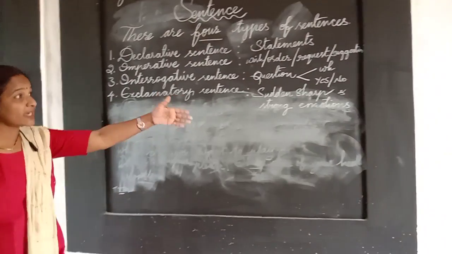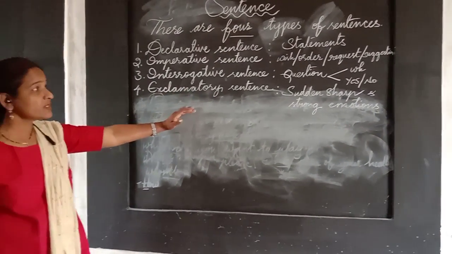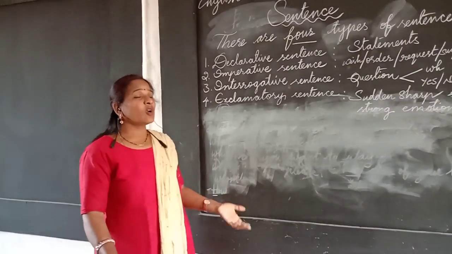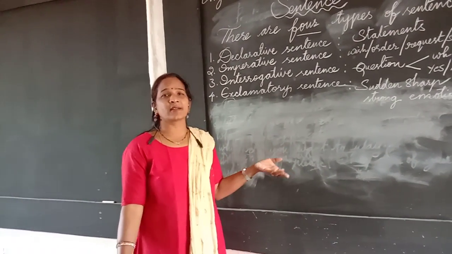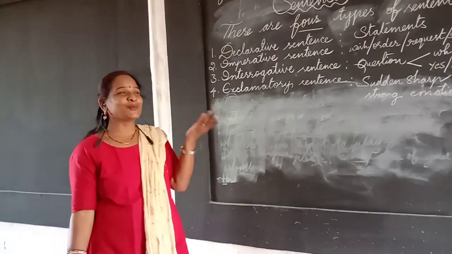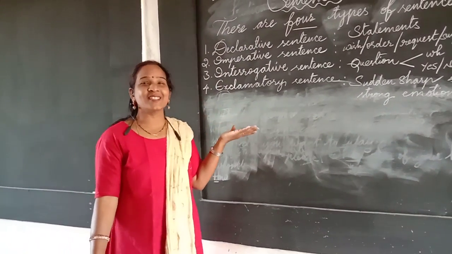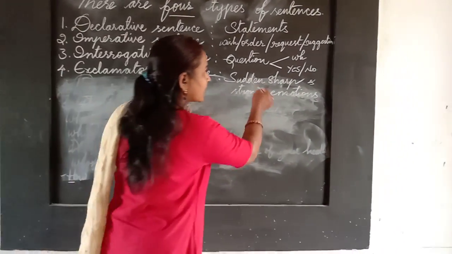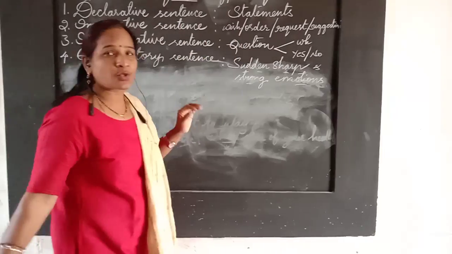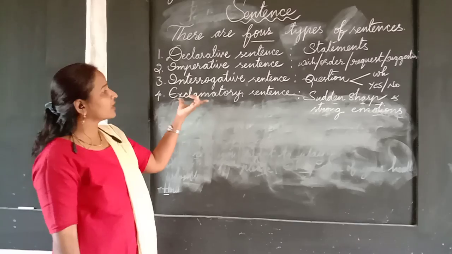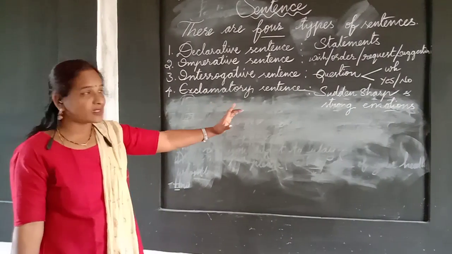When we say sudden, sharp, strong emotions, there are various things. Suddenly you felt pain. What do you say? Ouch! It's a sudden expression. When you find something so beautiful, you say, wow, what a beautiful tree it is. These are your emotions that are sudden, sharp, as well as strong. Such kinds of emotions can be expressed in exclamatory sentences.